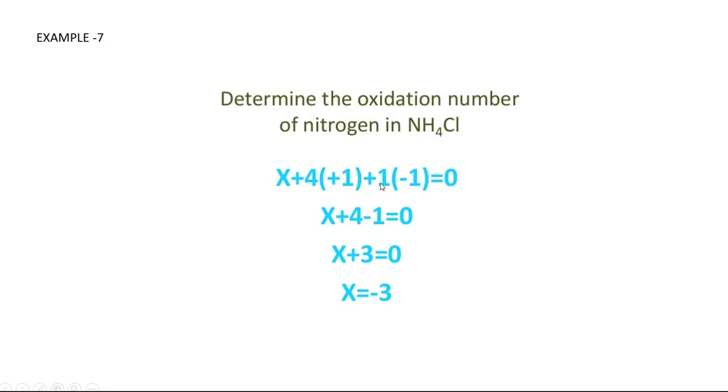Only 1. 1 into oxidation state of chlorine is -1, that is equal to 0. X plus 4 minus 1 equal to 0, that is X equal to -3, that is oxidation state of nitrogen in ammonium chloride.